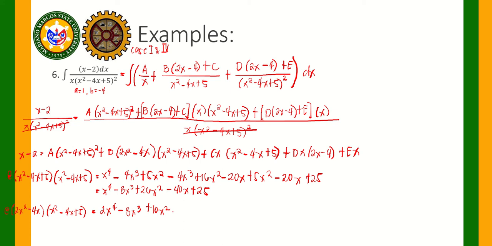And for the second term naman, we have negative 4x cubed plus 16x squared minus 20x. And simplifying this one, we have 2x raised to 4 minus 12x cubed plus 26x squared minus 20x. And we can use this dito na. Plug na lang natin dito sa part na to.